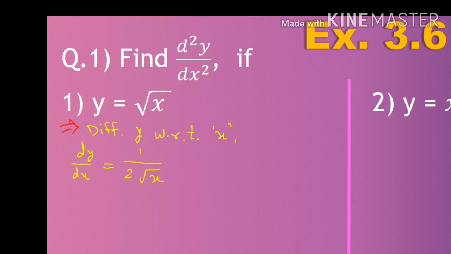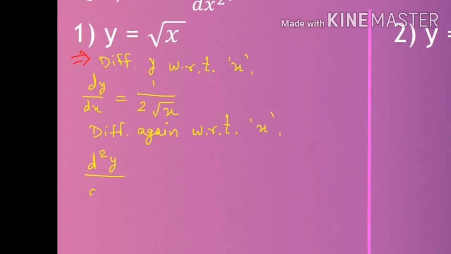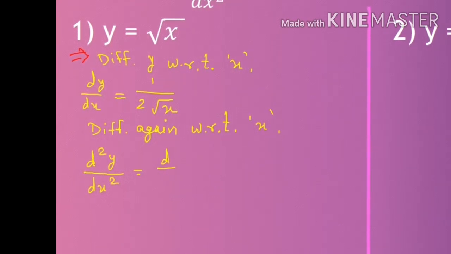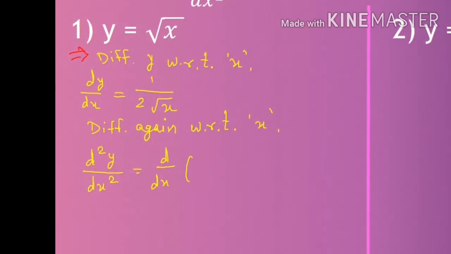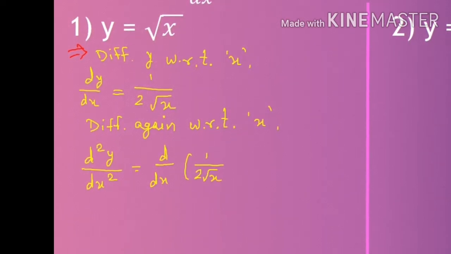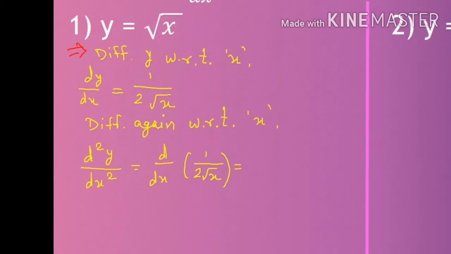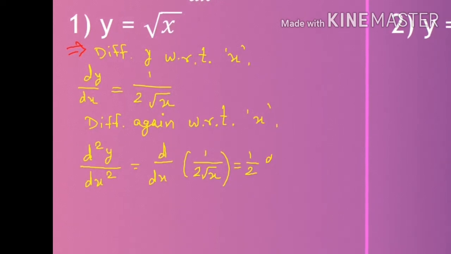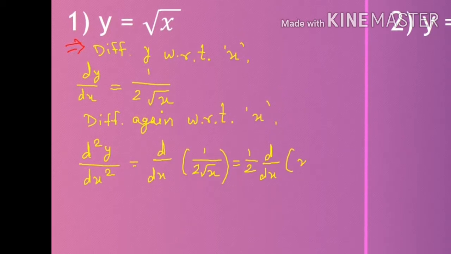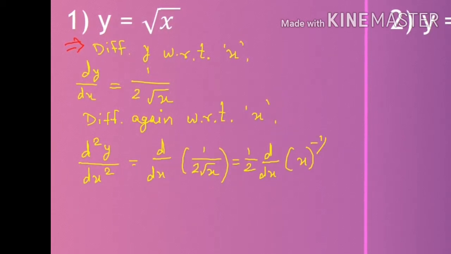Now again let us differentiate dy by dx with respect to x. So we get d square y upon dx square is equal to d upon dx of 1 upon 2 root x. This can be written as 1 upon 2 d upon dx of x raised to minus 1 by 2.